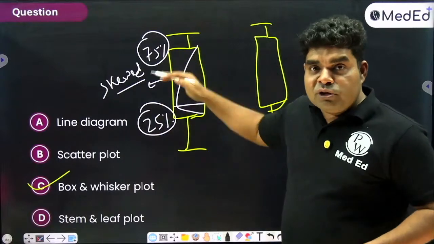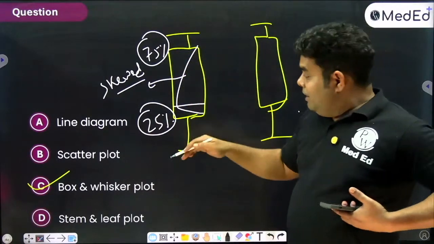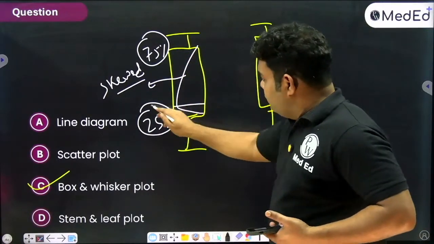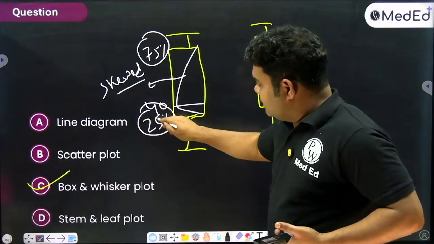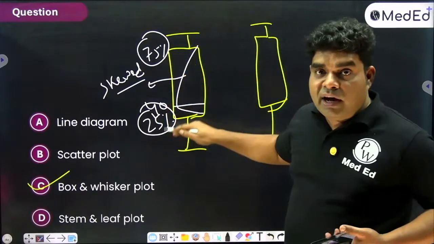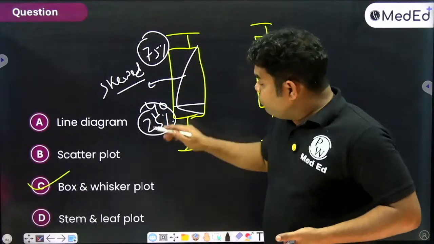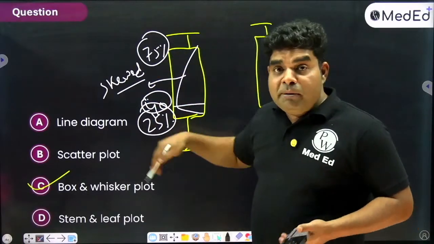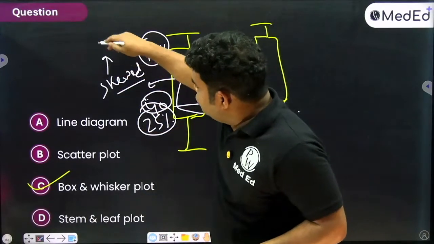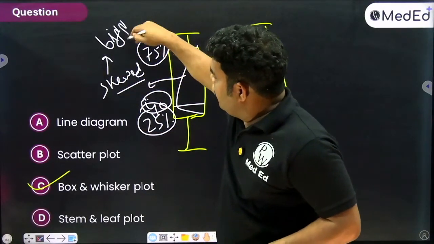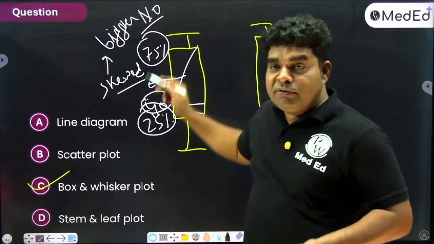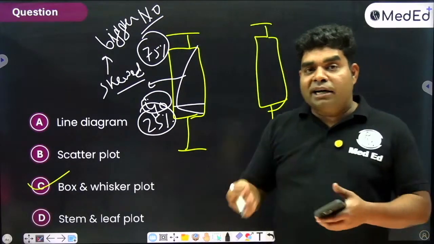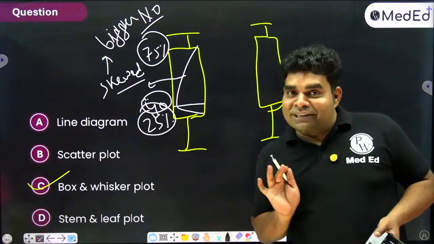And the skewed part is towards big numbers or small numbers. See, 25 to 75 are bigger numbers. Between 25 to 40, there is this straight part, and 40 to 75 is the skewed part. And we all know 40 to 75 will be bigger numbers. So if the skewed part is towards bigger numbers, or let's say if in your life you are going towards bigger numbers, more marks, more money, are you positively skewed or negative?